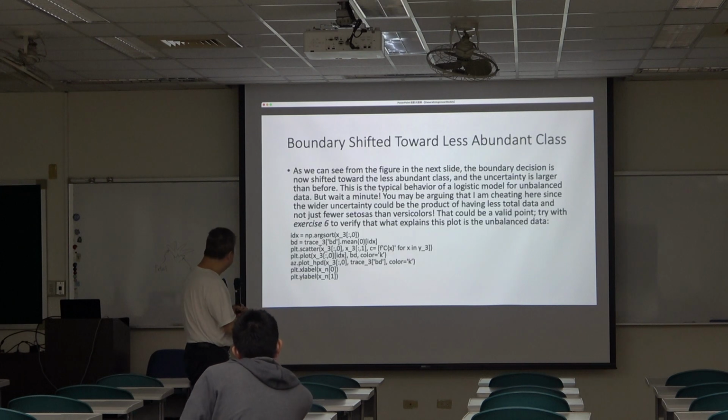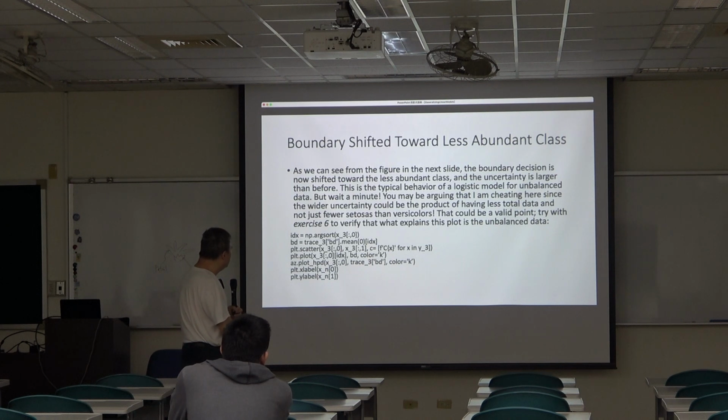So there's an exercise that you can check out. This exercise is pretty much trying to tell you, we have roughly, because it's 55, right, roughly the same amount of data, about 50, 55, but now it's even.